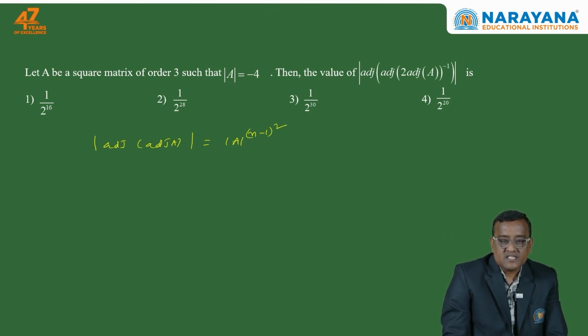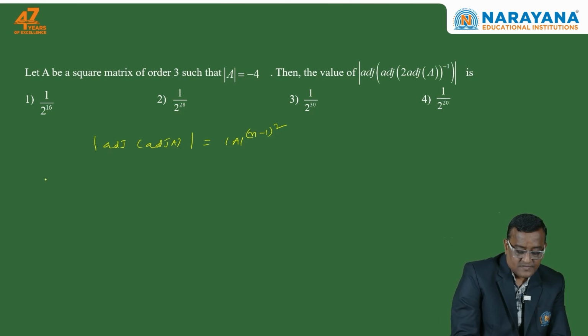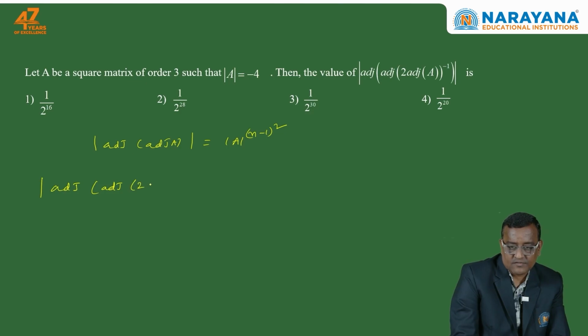Here n is 3, so the determinant of adjoint of (2 adjoint A) inverse, so this is our A now.